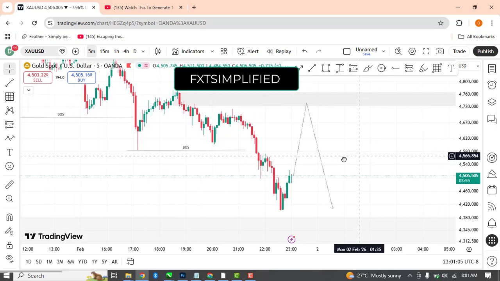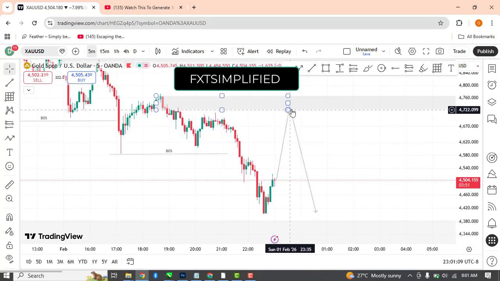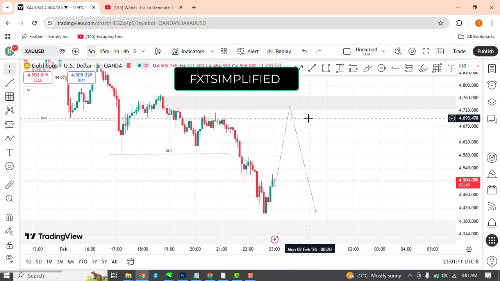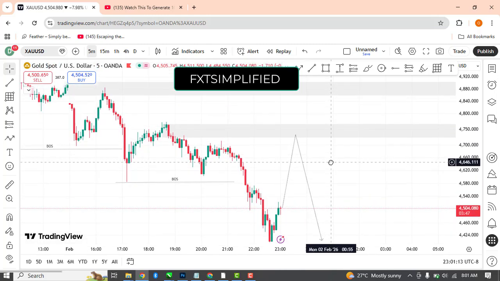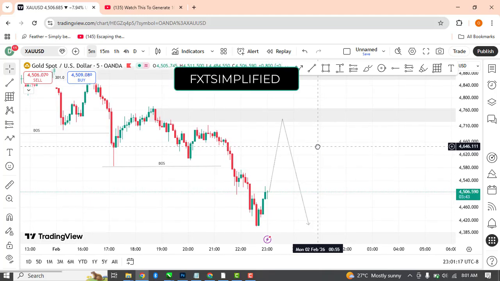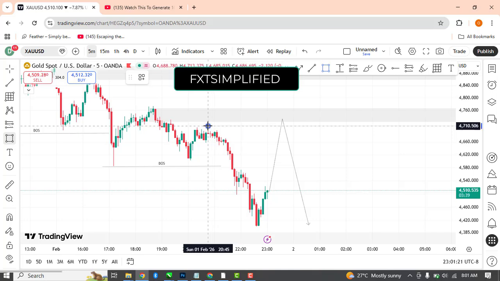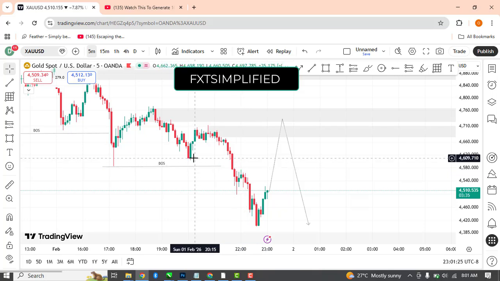So I'm going to expect price to sweep the liquidity above this place and retest this supply zone before it continues the downward movement. Okay, let me mark this place out too, because this is another zone that I'm looking out for. This is 5 minutes.